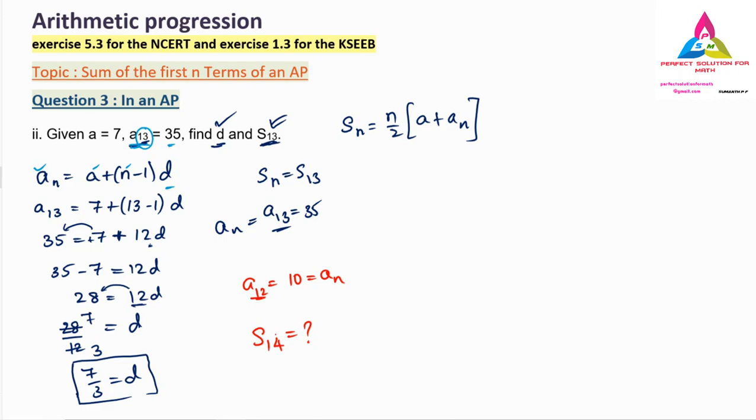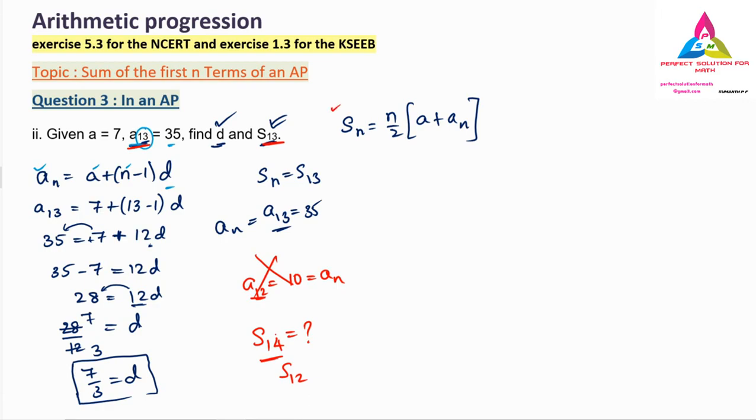Because they have not told you to find S12, they have told you to find S14. In this question they have asked to find S13 and they have already given a13. Remember, the n value must be the same, then only we can substitute in this formula.